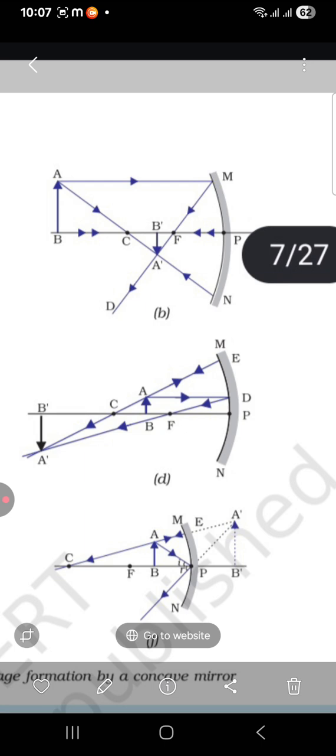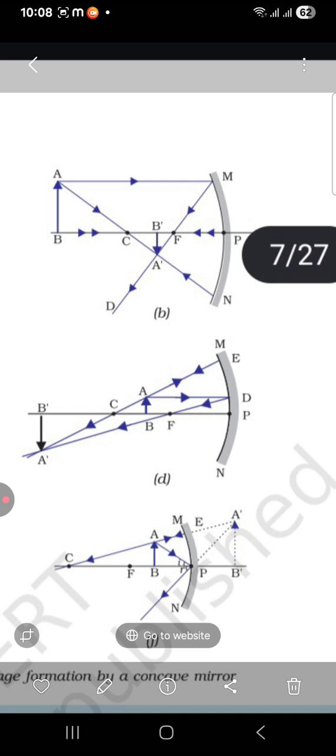If any incident ray passes through center of curvature and strikes the mirror, then after reflection it retraces its path, right? So when object is beyond center of curvature, then light rays will converge between focus and center of curvature. Whenever you draw a ray diagram, you have to mainly draw two rays: one parallel ray which will pass through focus, another a ray which is passing through center of curvature.